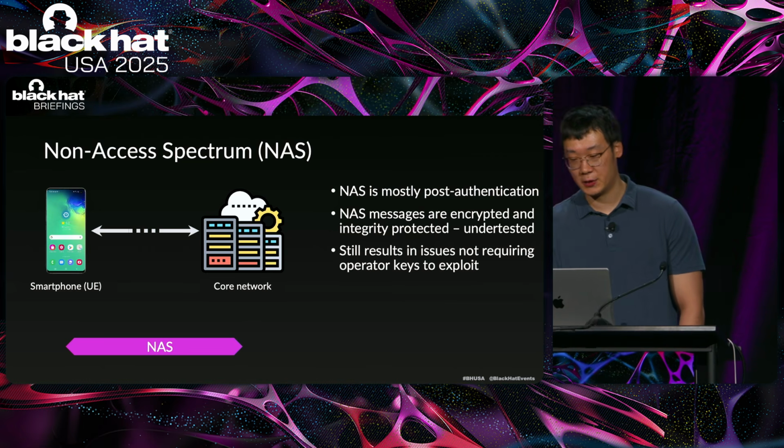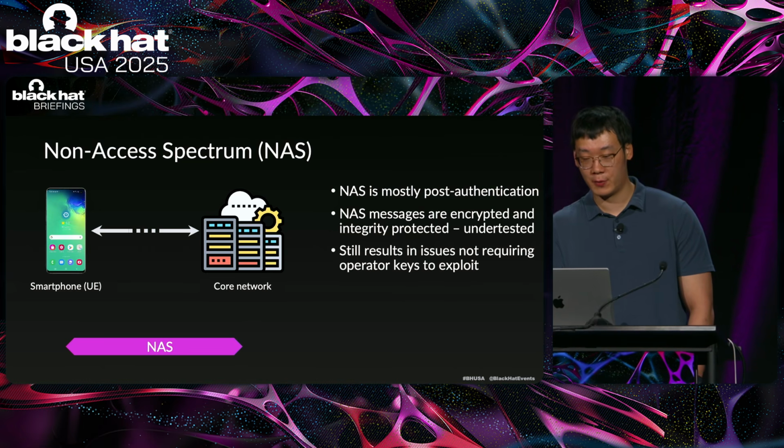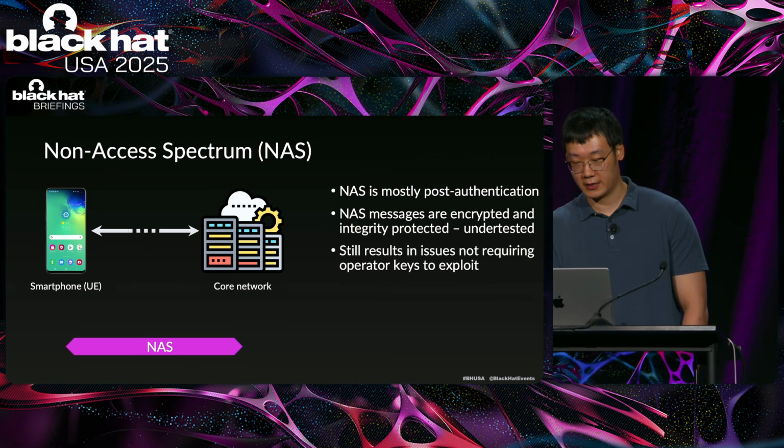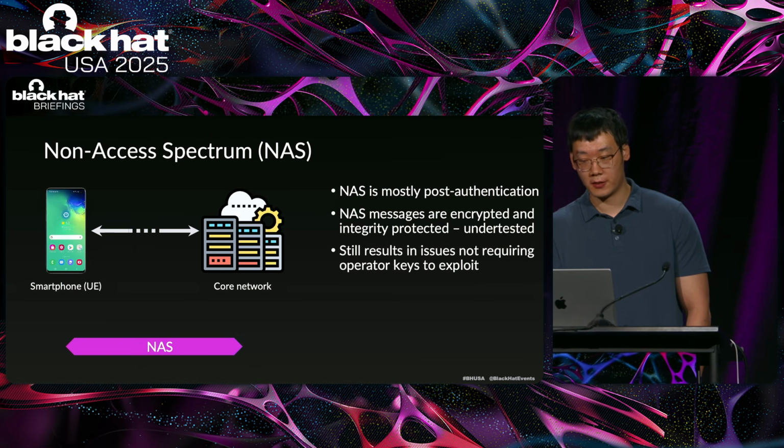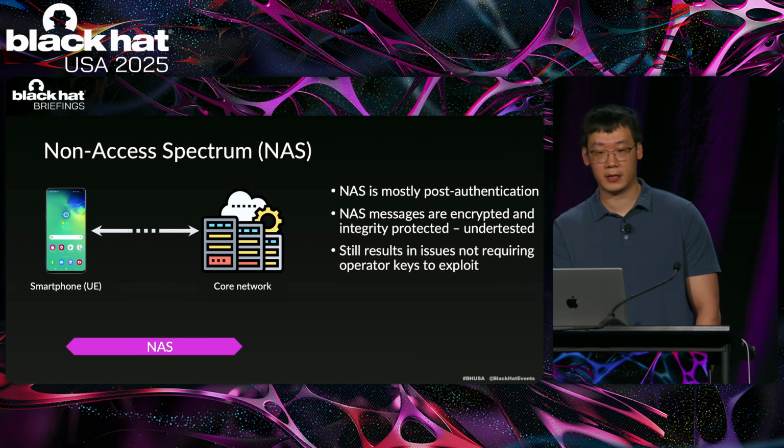Since these messages handle critical session management and device mobility tasks, they are critical in establishing and maintaining sessions for smartphones' connectivity. However, since these tasks are performed only after user authentication, they're typically encrypted as well as integrity protected. This added complexity makes testing this layer difficult, since only properly protected messages are accepted.